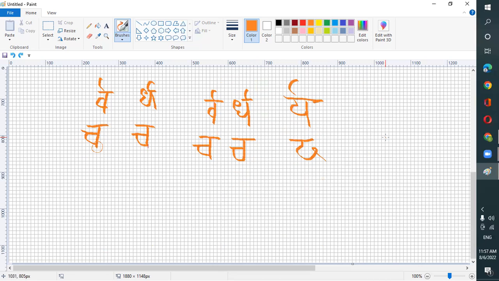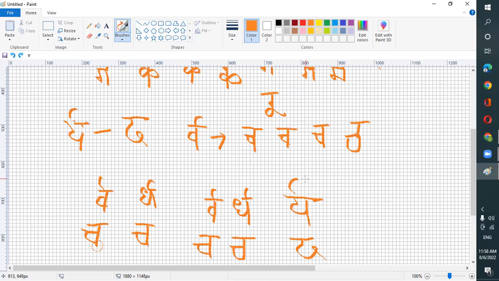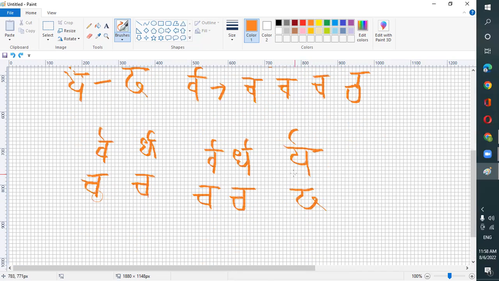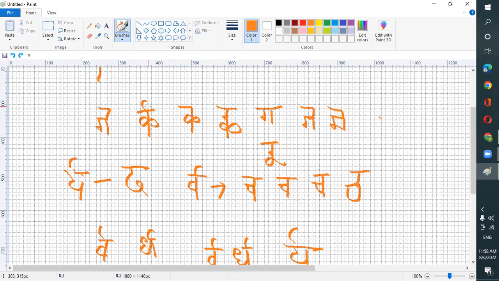This arc I want to discuss a bit, because generally we know when there is a conjunct with ka, it is written differently. But here when we use it with ra, it is the original ka that we are writing, right? Where exactly, which alphabet are you talking about? Ka, ra and ka together. This one? Yes. It is like that only.